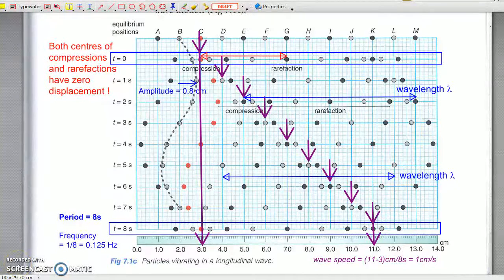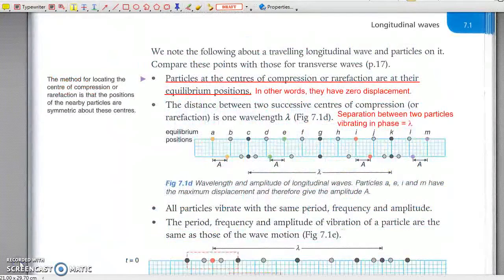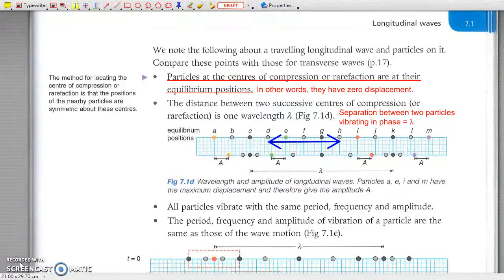On the other hand, the separation between two successive particles with zero displacement is half the wavelength. Why? For particles separated by one wavelength, they are vibrating in phase. For particles whose equilibrium positions are separated by half a wavelength, they are vibrating exactly out of phase.